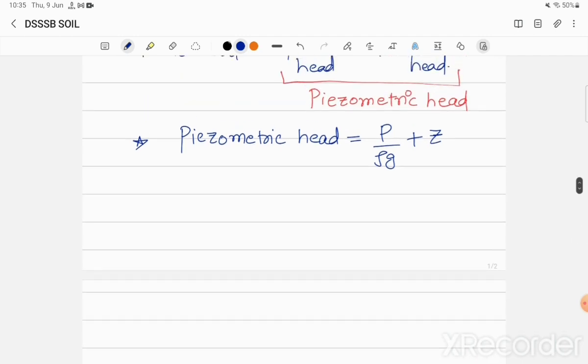Now comes the next term, that is seepage force. Now what is seepage force? Seepage force in the soil is due to the viscous drag exerted by the water on soil solids.